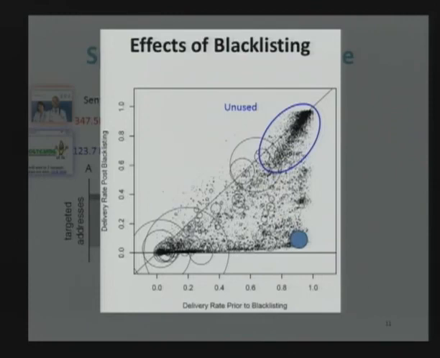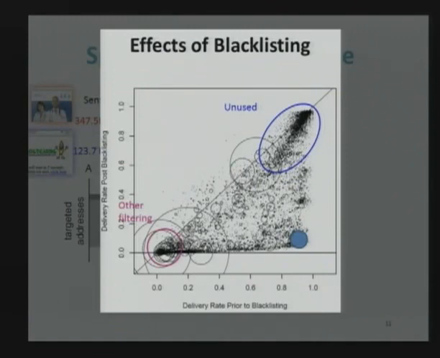And now there's a few trends that come out of this data. One of them is that for a large swath of mostly smaller domains, DNS-based blacklisting is not being used at this point to filter spam. There's very high deliverability before a bot gets added to the blacklist. There's very high deliverability after the bot gets added to the blacklist. It's not really making a difference.